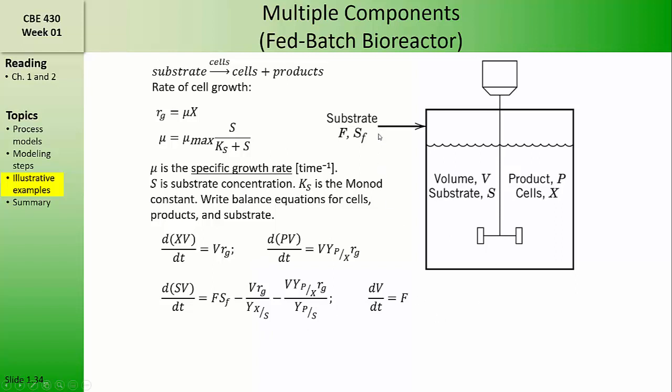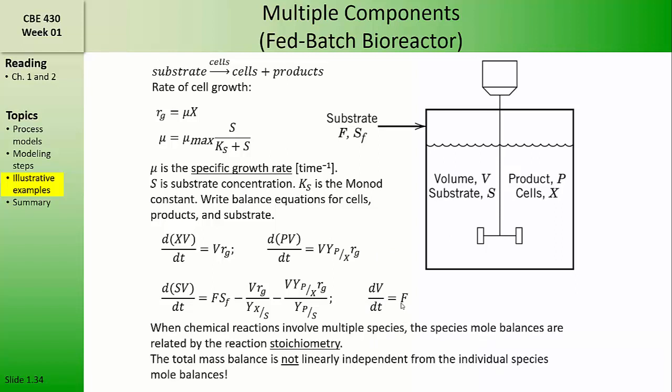Finally, because this is a fed batch reactor, the total volume of material in the reactor is not constant, and we need a total mass balance that accounts for the rate at which material enters the reactor. Note that when chemical reactions involve multiple species, the species mole balances are related by reaction stoichiometry. In this case, we don't have molar stoichiometry, we just have pseudo-stoichiometric ratios that represent the ratios of the masses produced or consumed by the reaction.